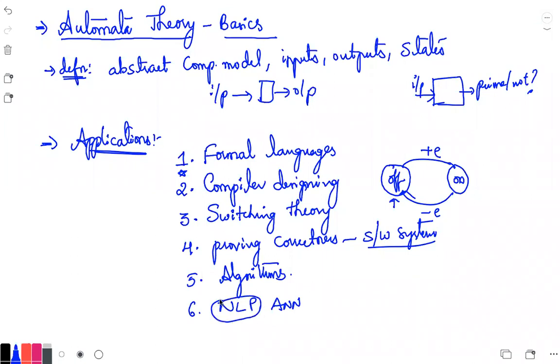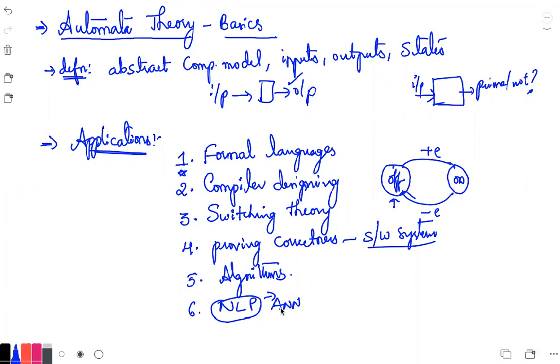They are training the machines to recognize complex words in their own native language, like Kannada words, Marathi words, and all. For all such research work also, the automata theory is the base. The same goes with the application of artificial neural networks as well.